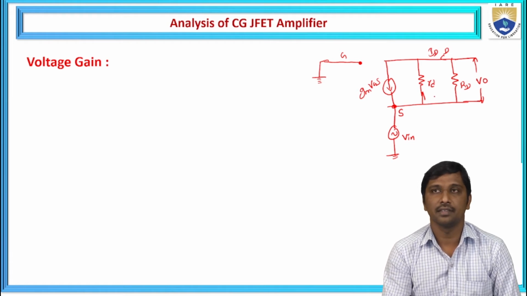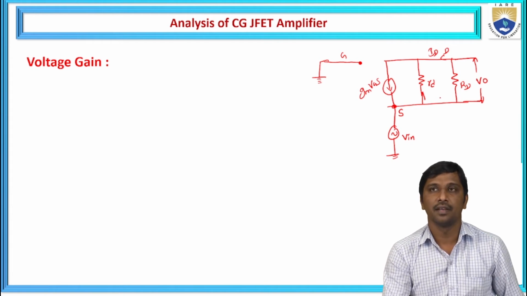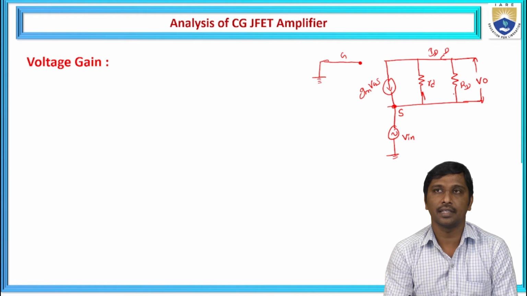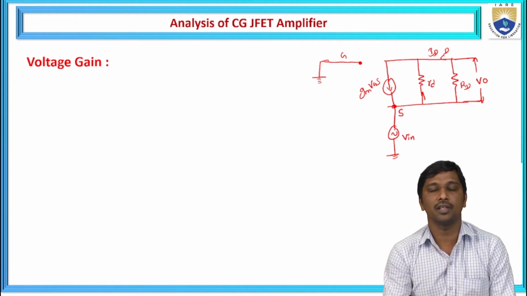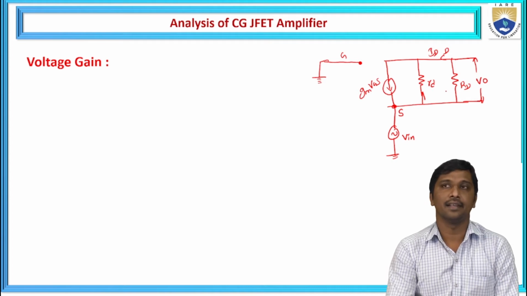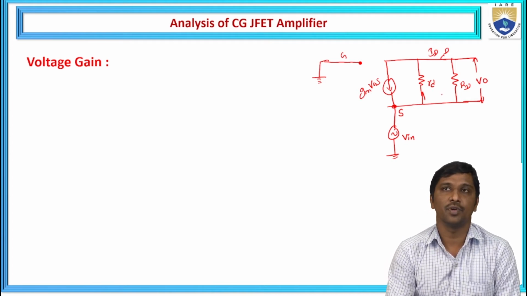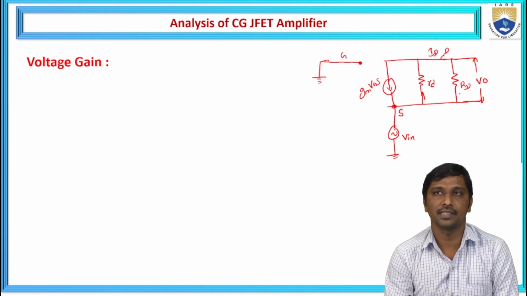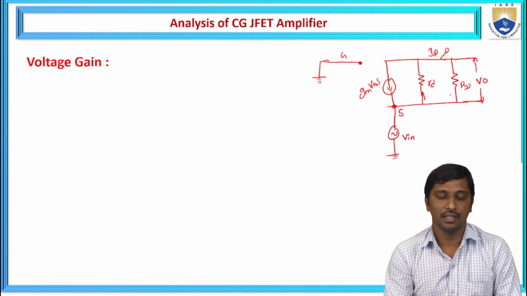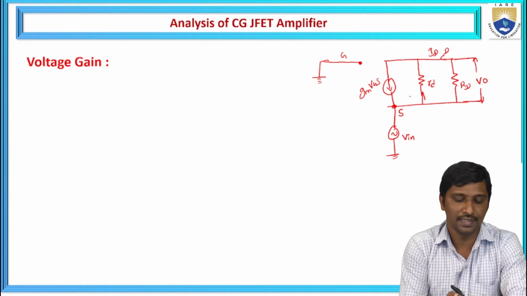We know that the current always flows through the lower impedance. That is the reason the external or output impedance should be very small compared with the internal impedance. Then only the maximum current flows through the output device. And based on that, now we are going to define the voltage gain.